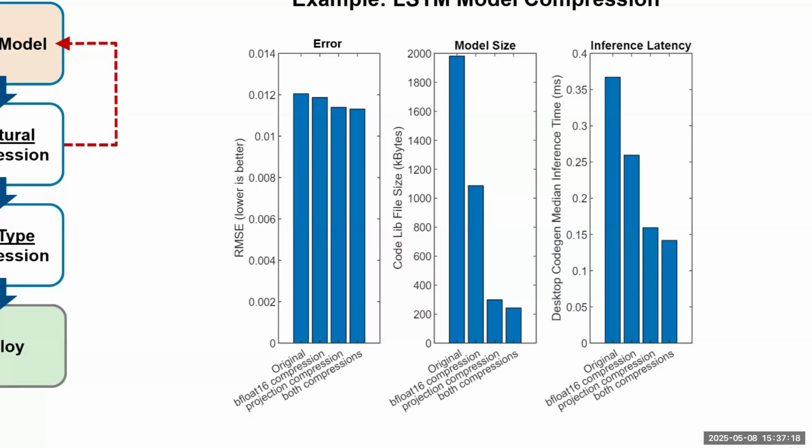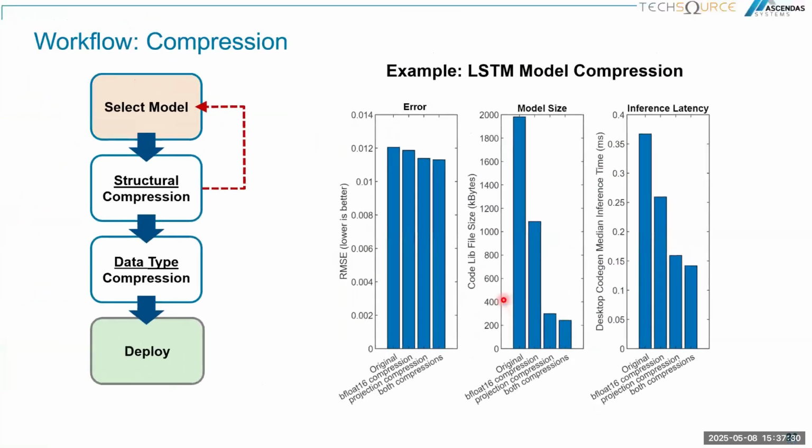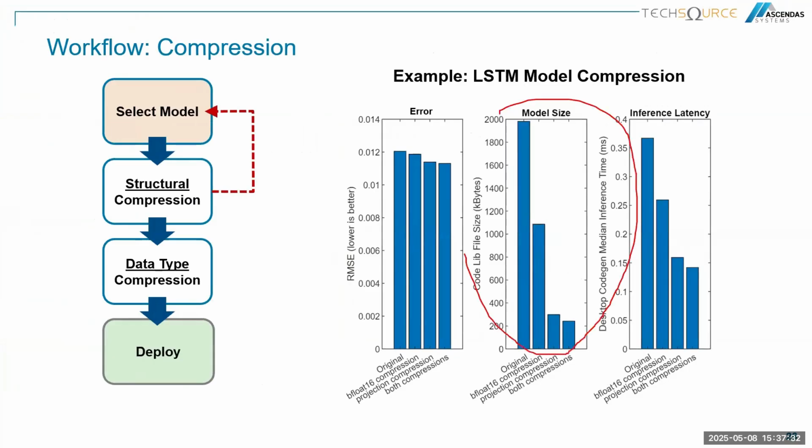When we do only the projection compression, it can reduce about 15%. When we do both, we can reduce it quite effectively, and the inference latency also goes down here.